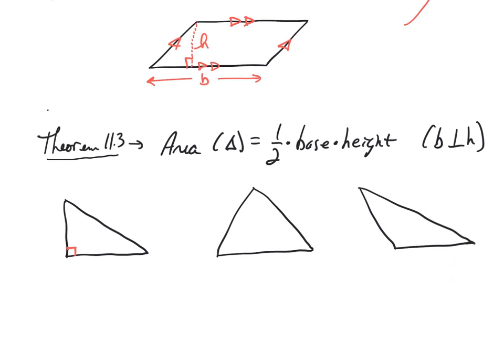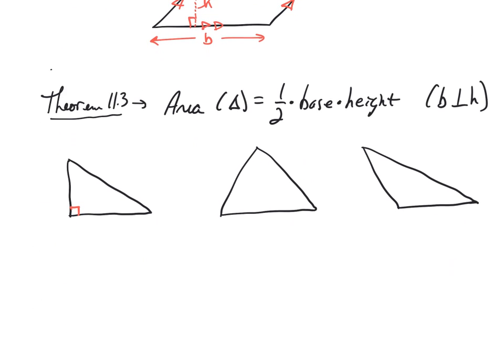All right, and finally, the third basic formula for areas is for that of a triangle. Area of a triangle is 1/2 multiplied by base multiplied by height. And again, please notice the base and the height have to be perpendicular to each other.